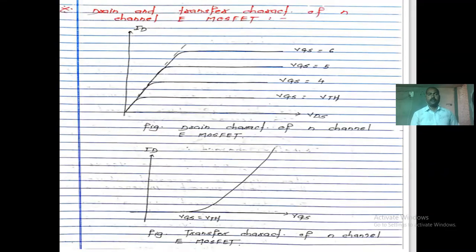In case of your n channel D MOSFET and n channel E MOSFET, what will be the difference? See, the basic difference between them is that it is the plot of VDS versus ID.